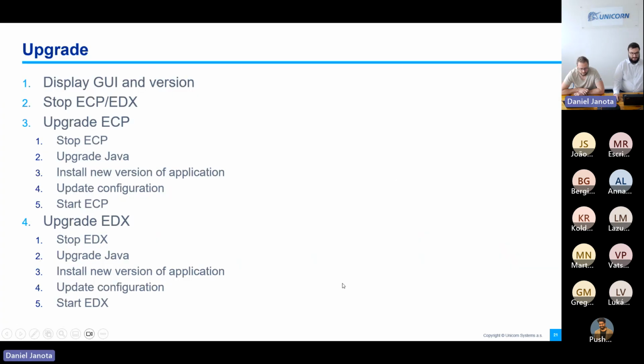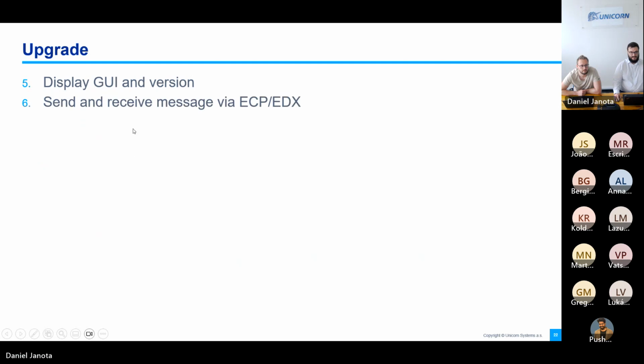So let's go back to the presentation. We've shown you the upgrade procedure for ECP endpoint. Also, we went through the configuration changes. We have successfully upgraded the EDX toolbox and changed its configuration.